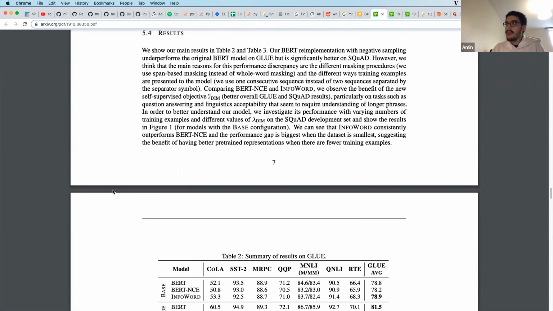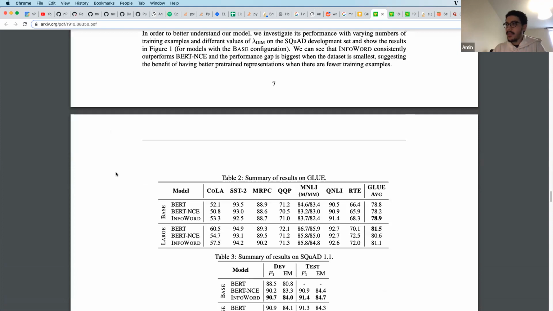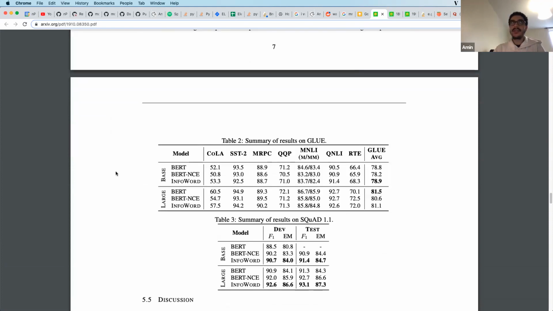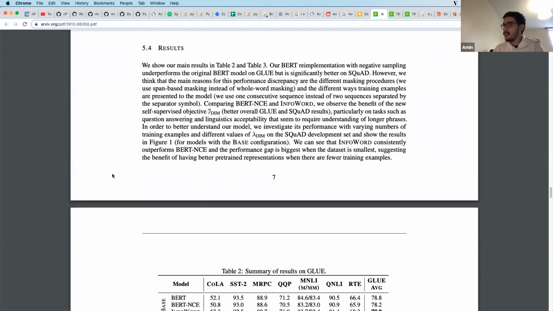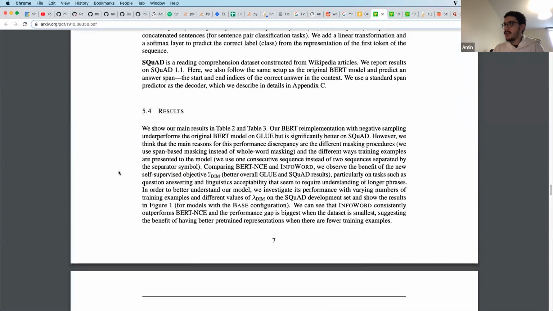And they suggest that this is because, first of all, intuitively it makes sense because BERT is trained with the next sentence prediction task, but also because at training time the model sees two sentences, but for the BERT NCE this only happens at inference time, and the separator symbol is only introduced when it's required in a downstream task. So, okay, these are the results.